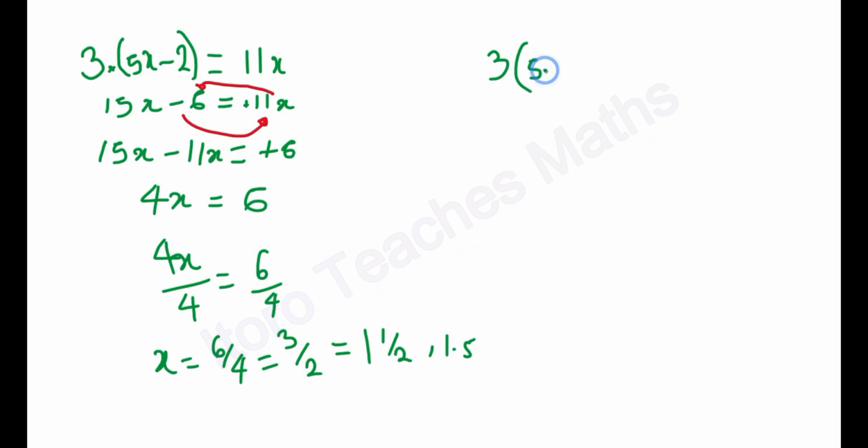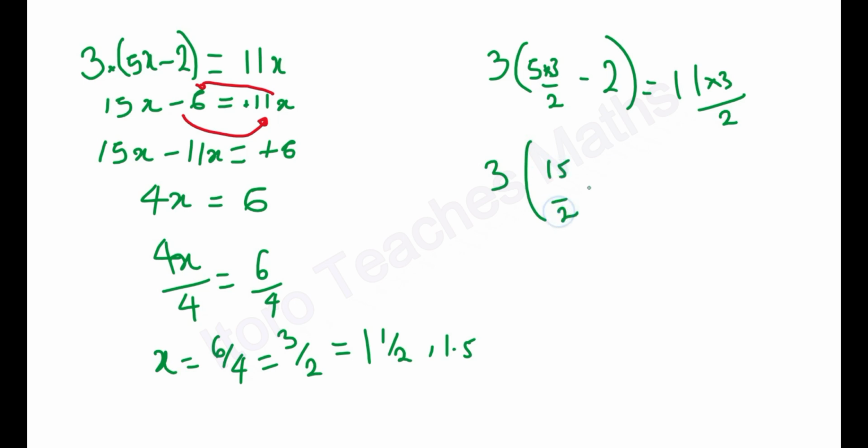So times 3 over 2, minus 2, equals 11 times 3 over 2. This is a times here. Let's make that clear. So 3 times 5 times 3 is 15 over 2, minus 2, equals 33 over 2.